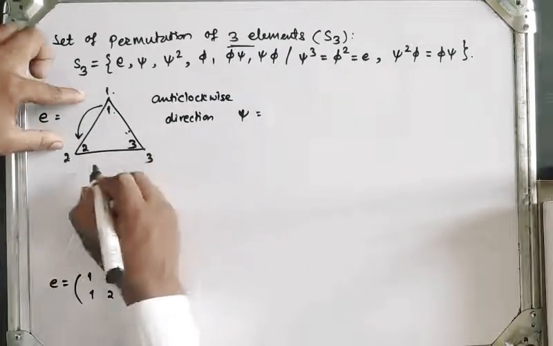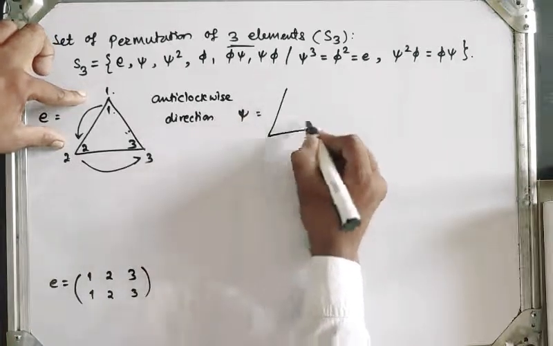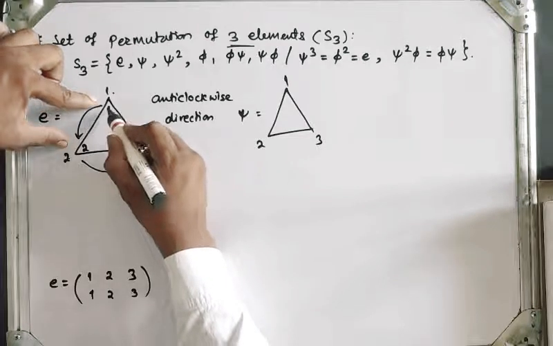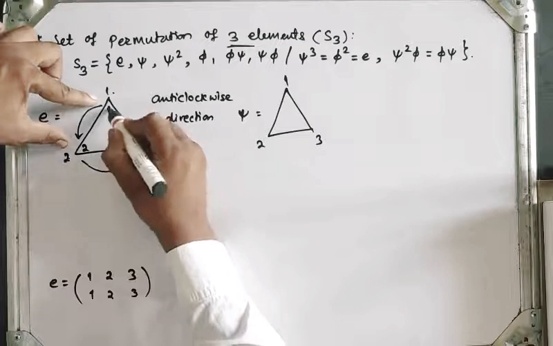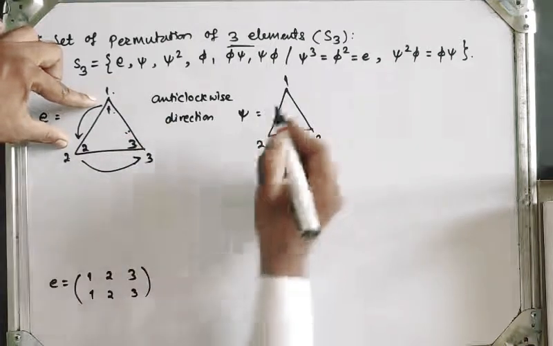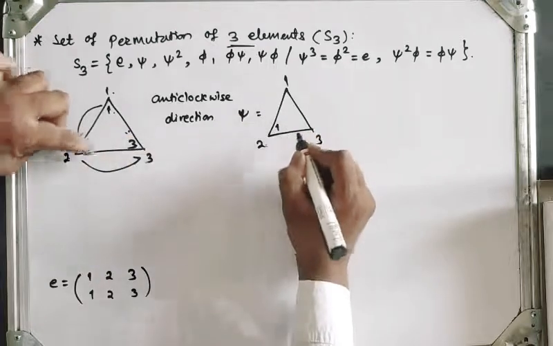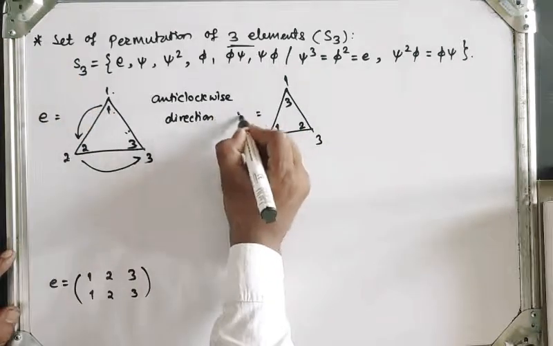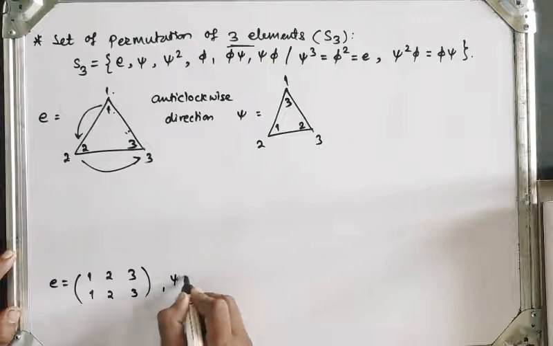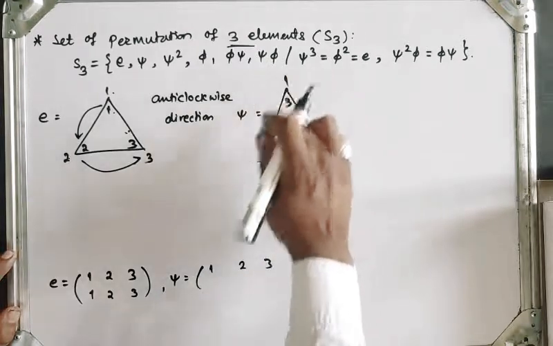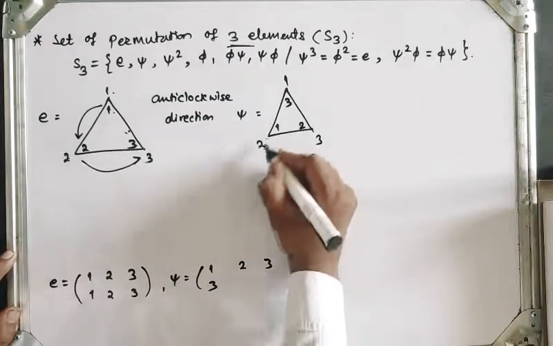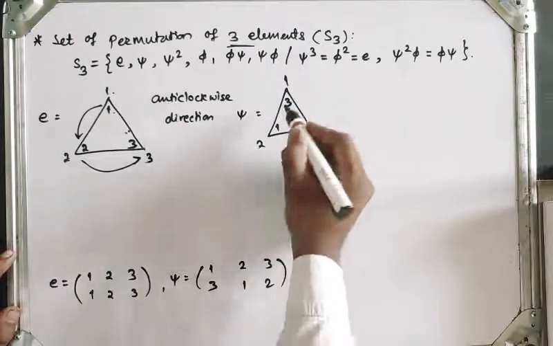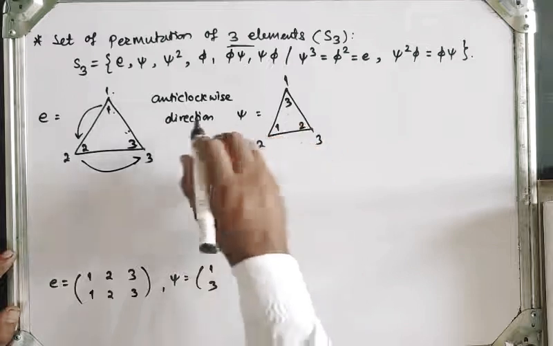So this is the element psi, which is 1, 2, 3 with 1 goes to 3, 2 goes to 1 and 3 goes to 2.